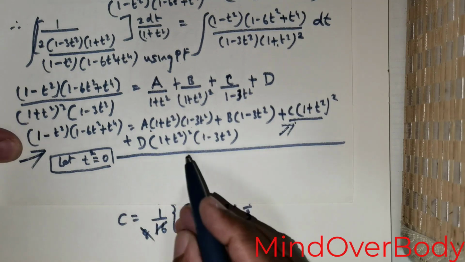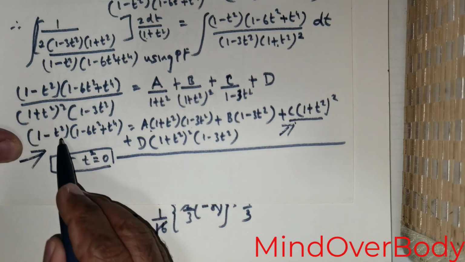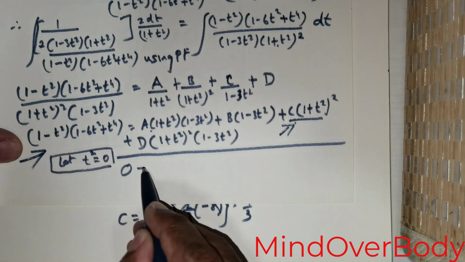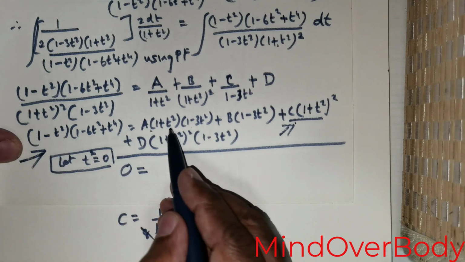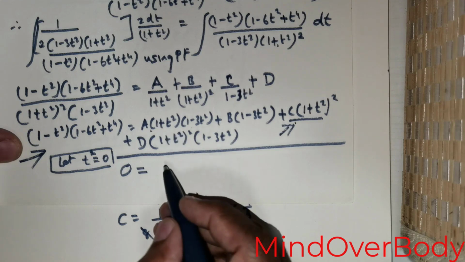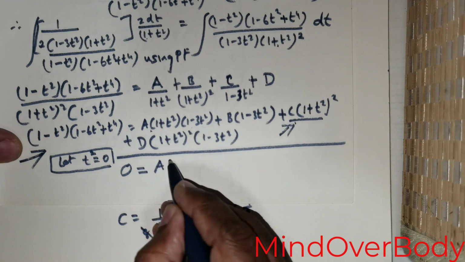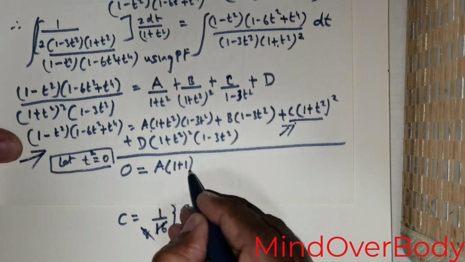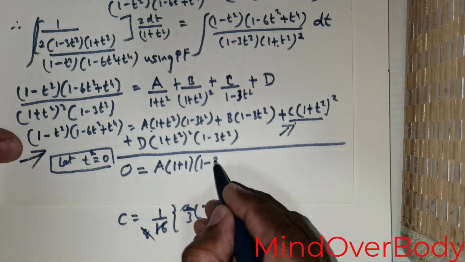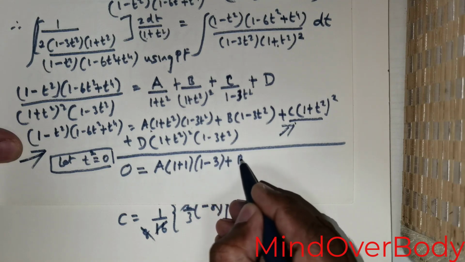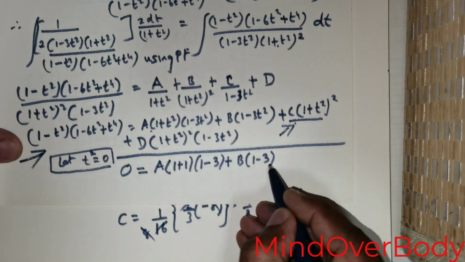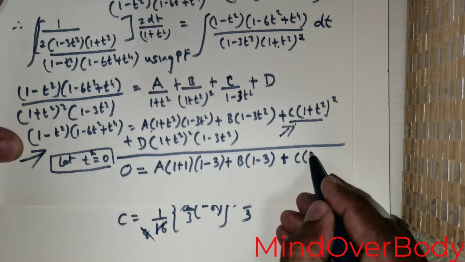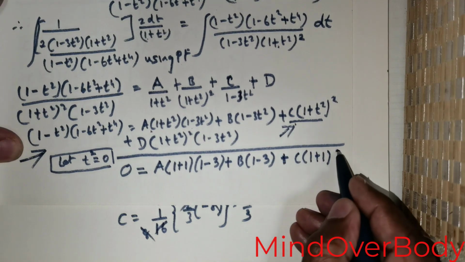Now let me show you this. If I substitute t squared is equal to 1, my left hand side will vanish, so I'm going to get 0. My a will stand. So this is going to be a of (1 positive 1) times (1 negative 3) positive b of (1 negative 3), positive c of (1 positive 1) raised to the power 2.